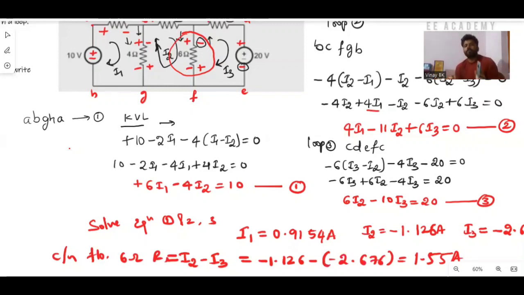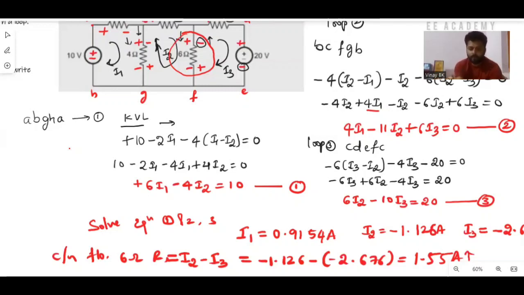So either I can use I2 minus I3 or I3 minus I2. Now I used I2 minus I3, so I am getting positive. That positive means the current is flowing in the same direction. If it is negative, the current is flowing in the opposite direction.